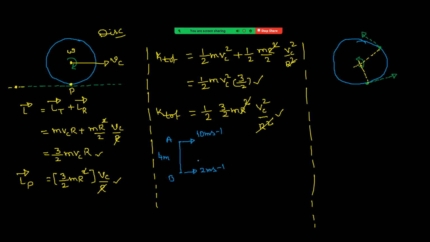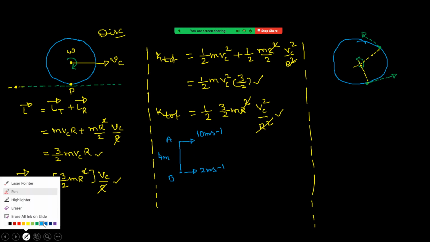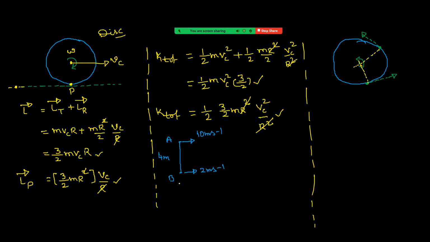So just now we have discussed that if velocities are parallel, then the axis of rotation will be outside the points. That means we can see here, if you extend this line, now this is the axis of rotation.